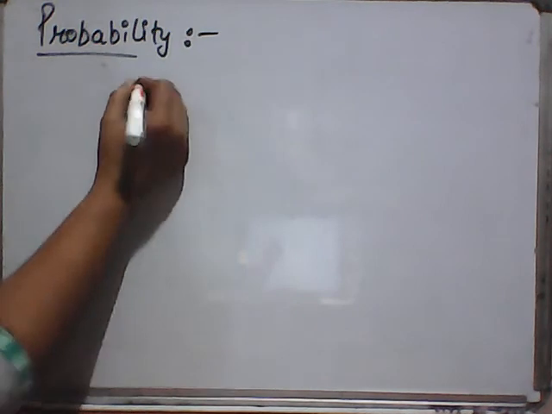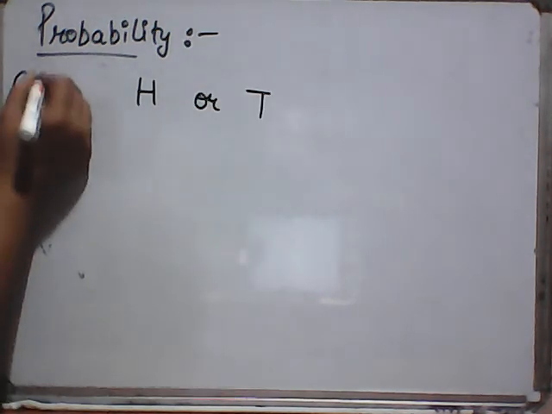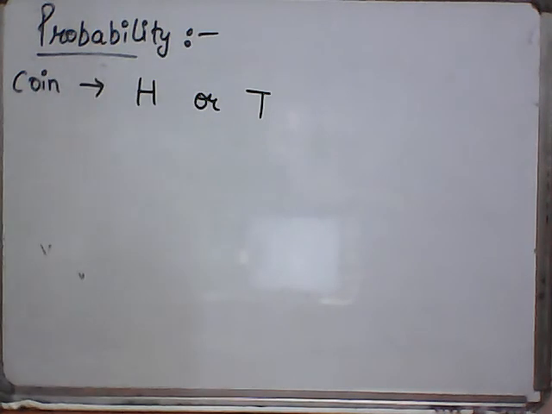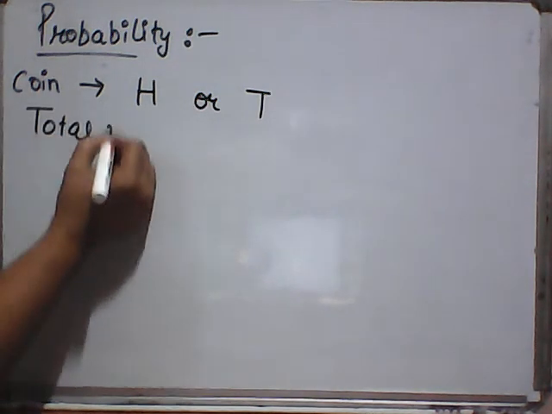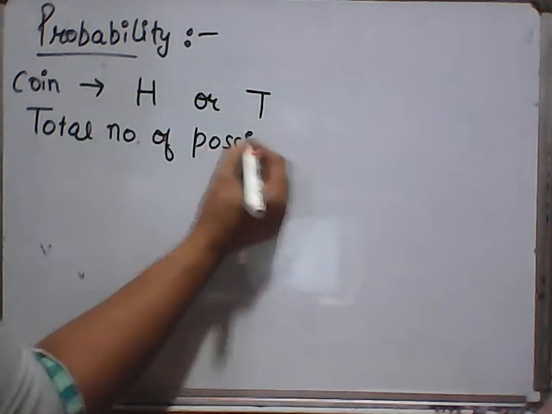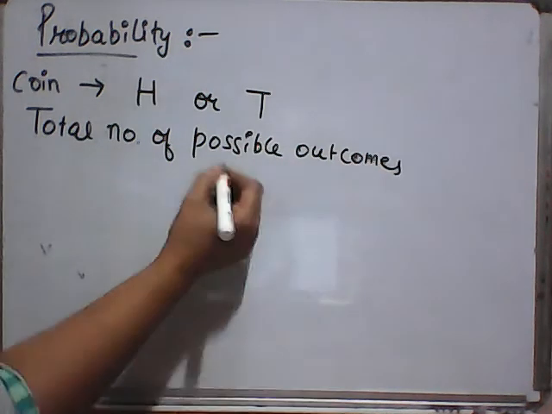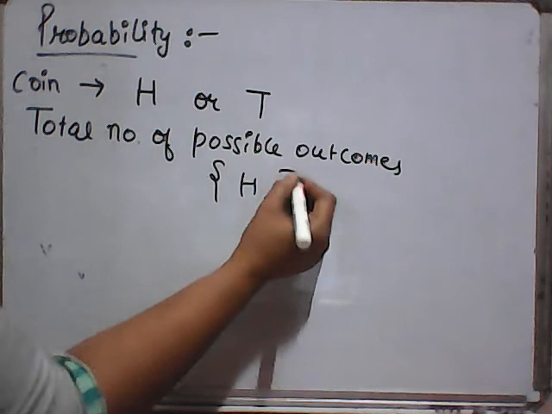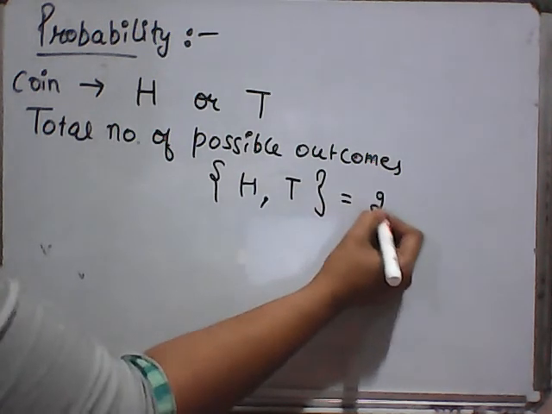There is a chance of either head or tail coming. So the total number of possible outcomes: head and tail. Outcome can be head or outcome can be tail. So the number of total possible outcomes is 2.